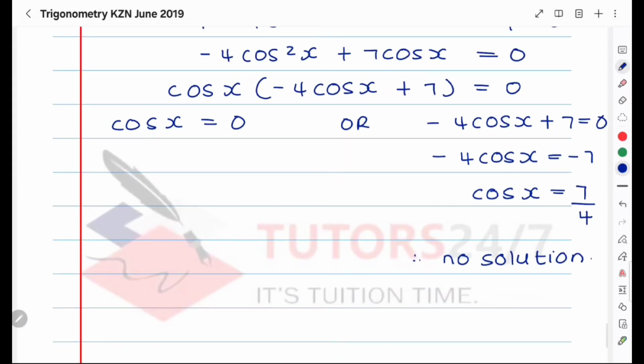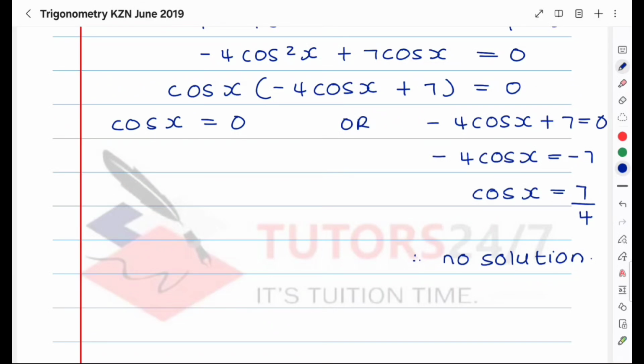Now, let us focus on the left side. We've got cos x is equal to 0. And our solution needs to be between 0 to 360. So if you're familiar with a basic cos x graph from trig graphs, you know that y is equal to 0 when x is equal to 90 or 270 in a y equals cos x graph. So you've got a few options here.